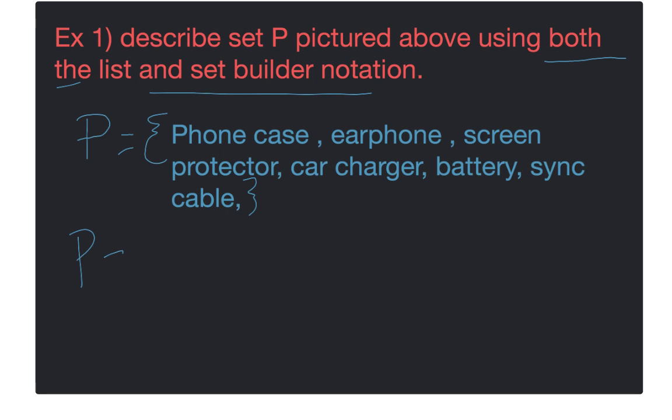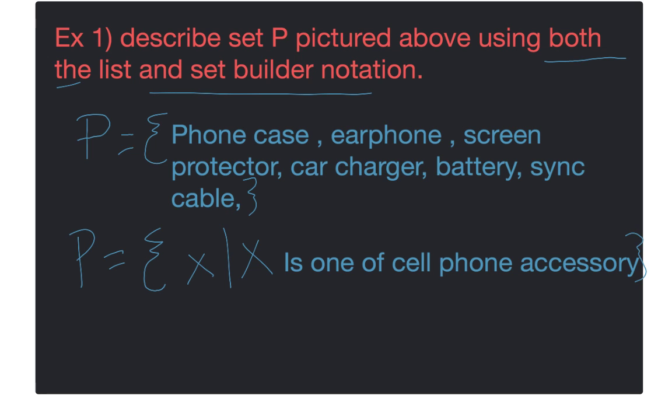P equals braces x such that x is one of, let's give it a name, Liam's cell phone accessories. And that's the answer to this example. We found the list and we created a set builder notation. Let's continue.